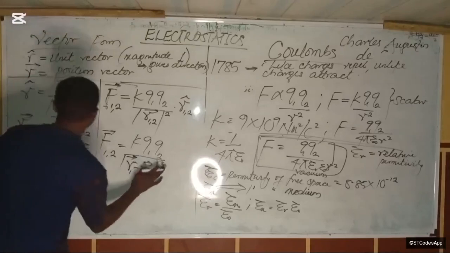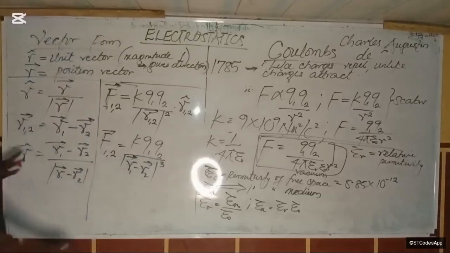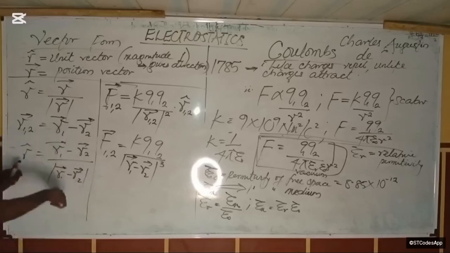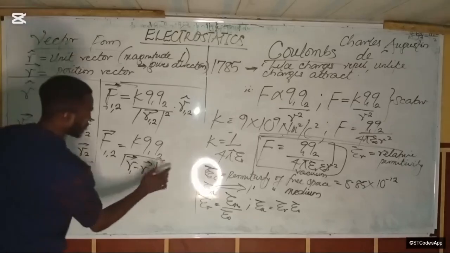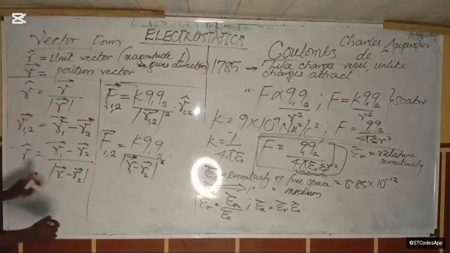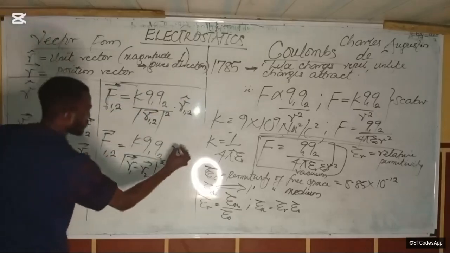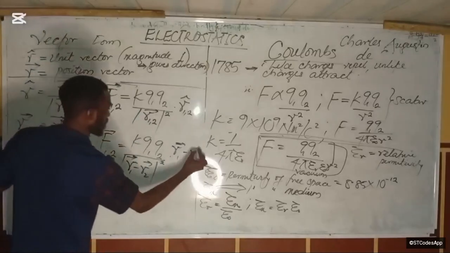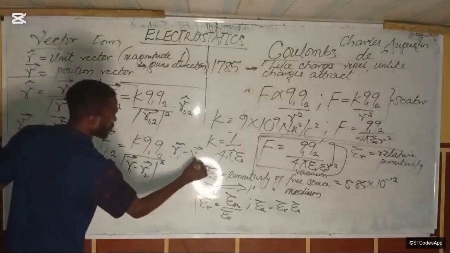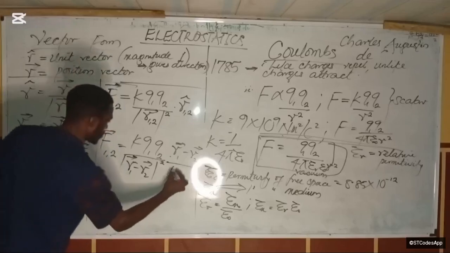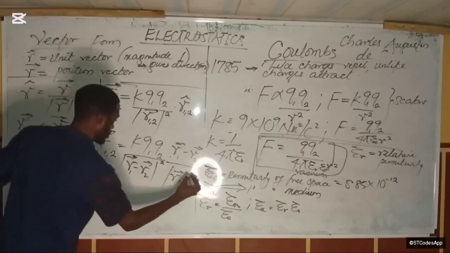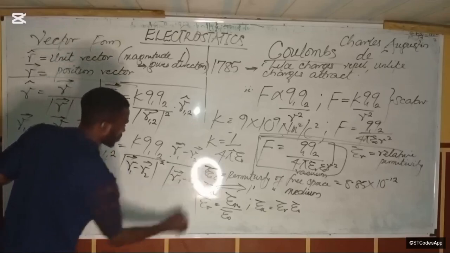Listen. Now, you know that this unit vector has this formula here. So, if it were squared here, it means I am multiplying by this unit vector, which is position vector R1 minus R2 over the magnitude of R1 minus R2 position vectors.